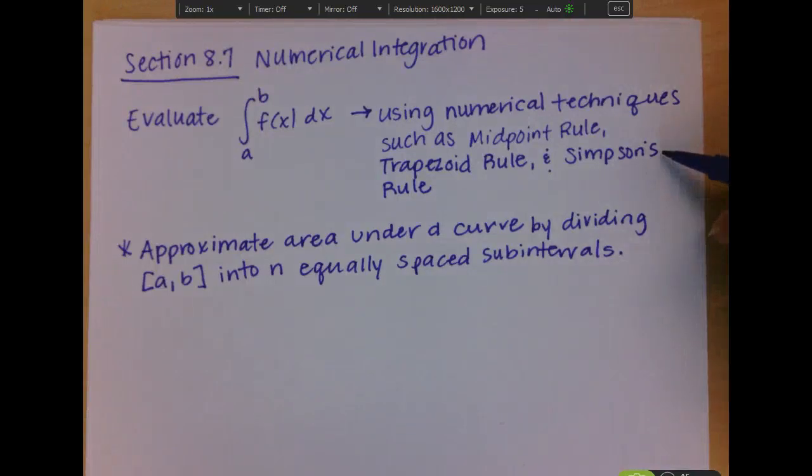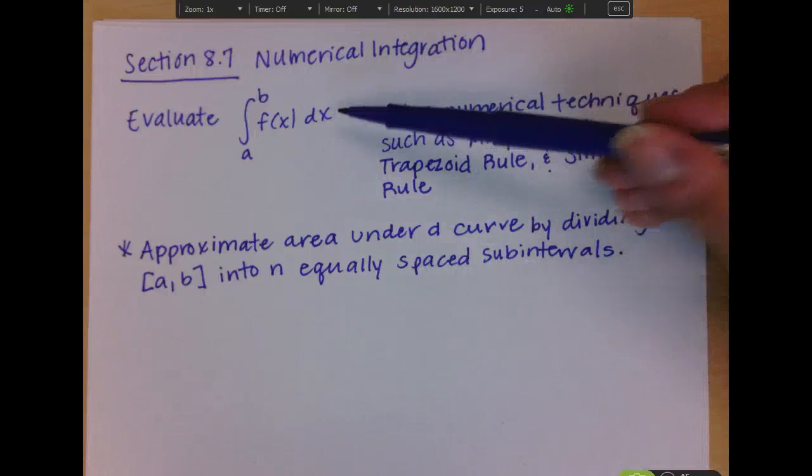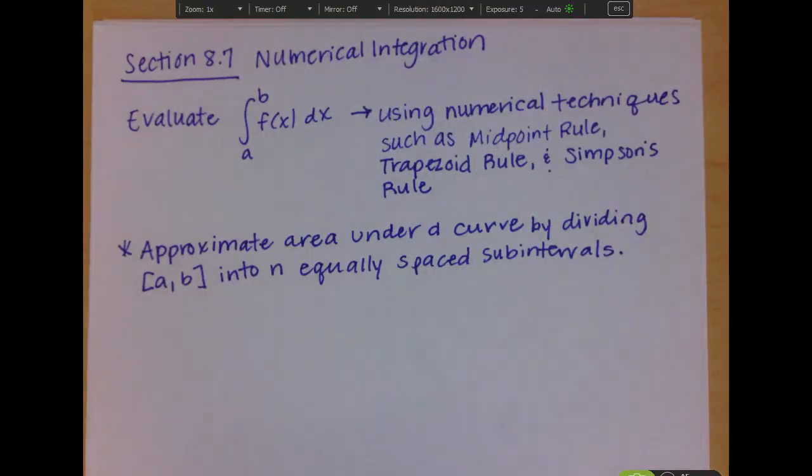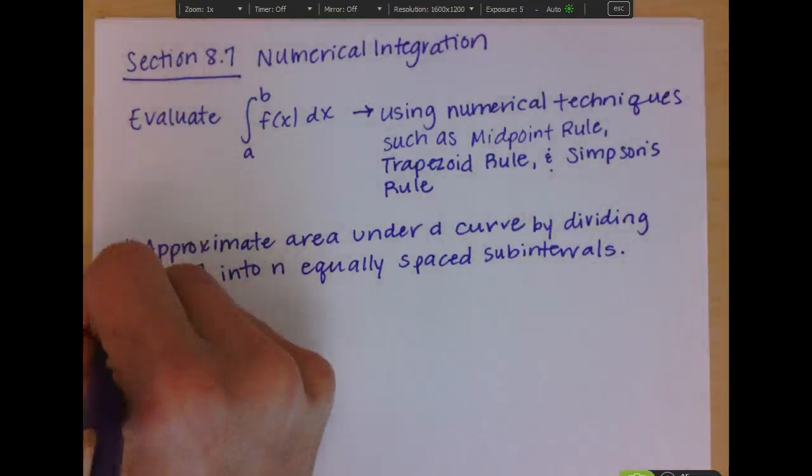Simpson's rule follows a different pattern altogether. But we'll divide it up into these geometric shapes that we can find the area of individually, and summing them all up will approximate the area underneath that curve, which in essence approximates the value of the definite integral. So let's start with the midpoint.